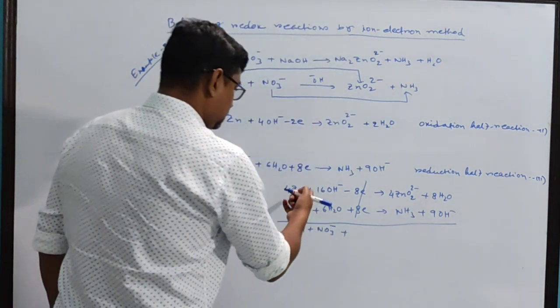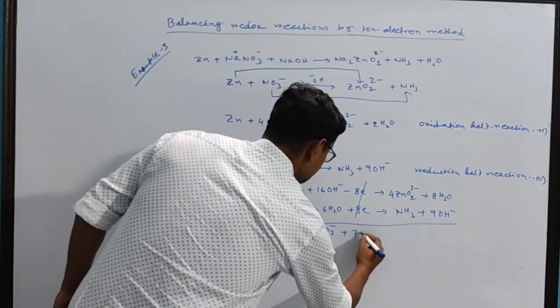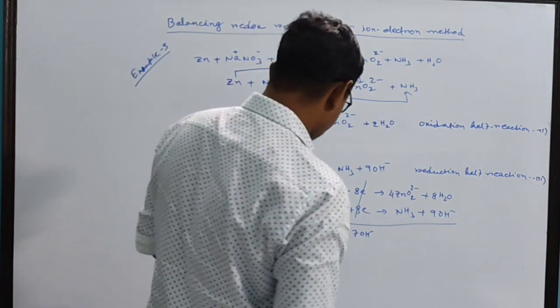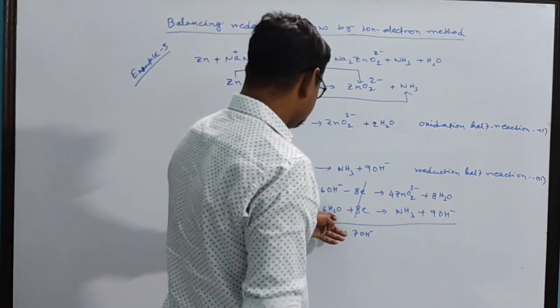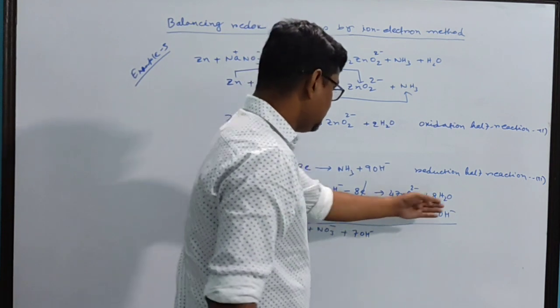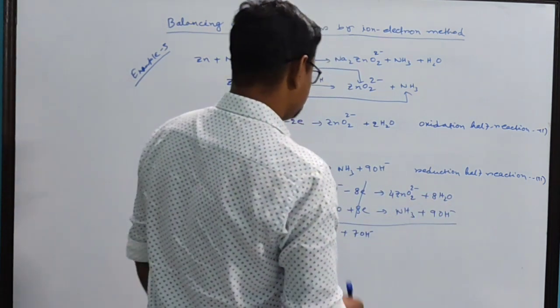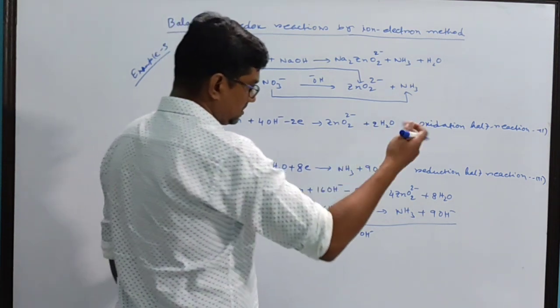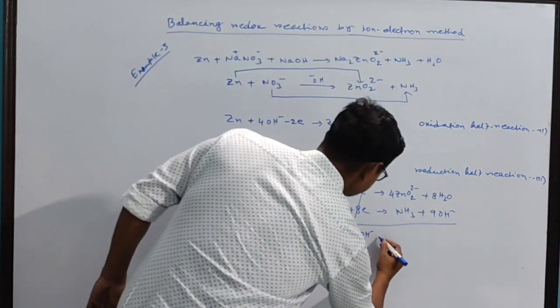So overall there will be 7 OH minus ions, and it will be on the left hand side. Now for water molecules, 6 water and here 8 water is there. So there will be 2 water molecules resultant, that we will write at the end.